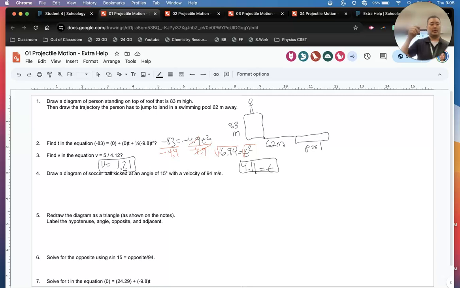Go ahead and draw a soccer ball kicked at 15 degrees with a velocity of 94 meters per second. Everyone do that also. And then I'm going to grab Devin's paper and draw what he has there. So you can all check your answers. Everyone draw a soccer ball kicked at 15 degrees. Soccer ball.